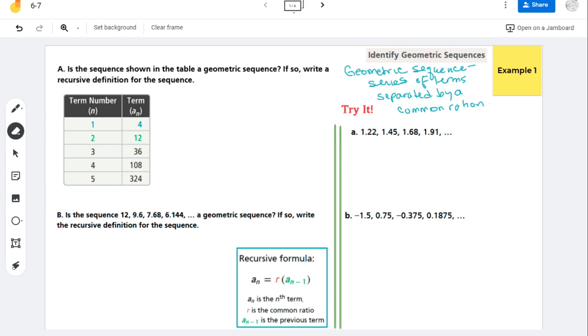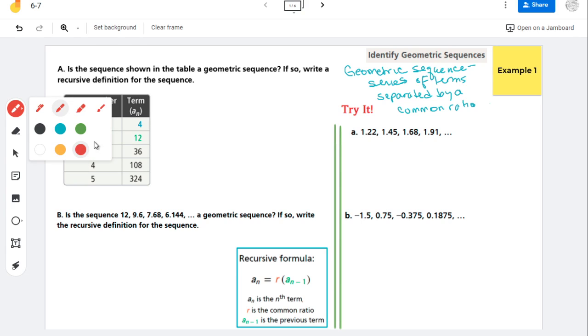There shouldn't be an N on that, good Lord. So what we mean by that is to determine the next value in the sequence, you should be able to multiply by the same number over and over again.